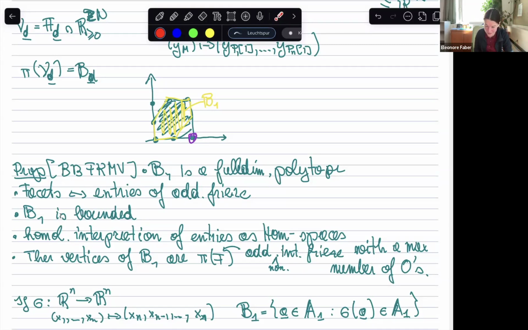For example, in the associahedron, you would take this thing and slide it in each direction, and if you go too low, then you won't get any positive solutions. So it would be a deformation of the polytope. You should get some deformations, but I don't really know what the differences are.